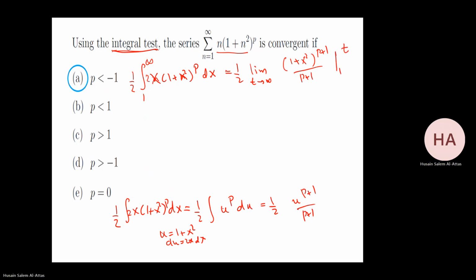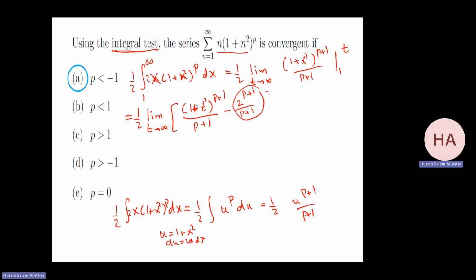So that will be half the limit as t goes to infinity of this expression: (1 plus t squared) to the power p plus 1 over p plus 1, minus 2 to the power p plus 1 over p plus 1.